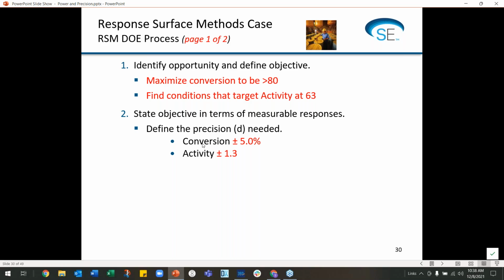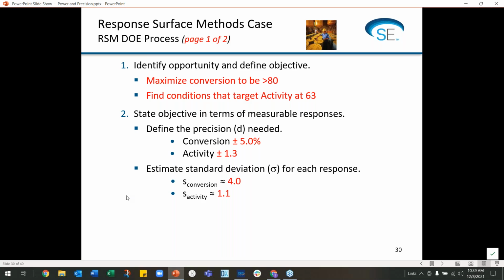So we want to estimate our conversion to plus or minus 5%. That's the precision we're looking for. And we are estimating activity to within plus or minus 1.3. Then standard deviations for each response are shown here, 4 and 1.1.